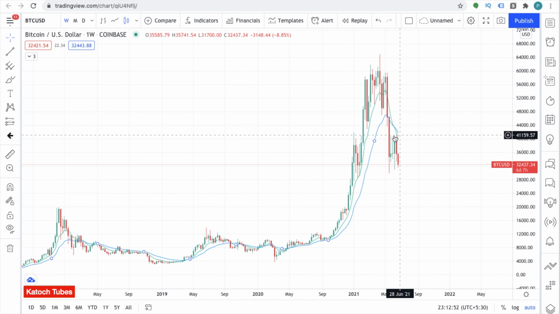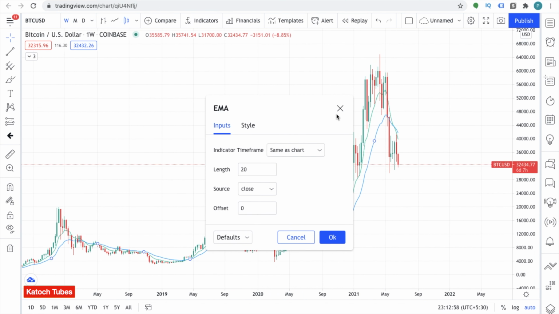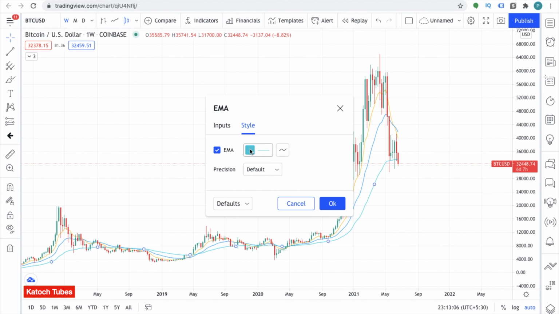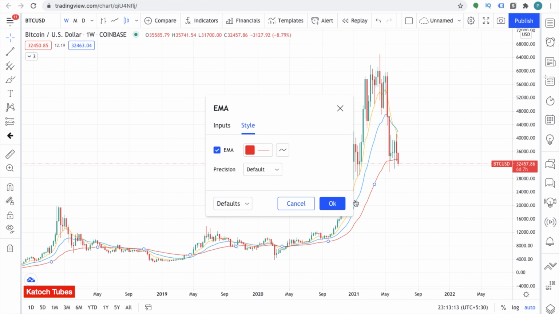So we have two. So now this one is your 20 EMA. Okay, this one is the new one. Again you turn it to 50 EMA. Close is same, style you can change. I want my 50 EMA to look like a red, so I will mark it as red. It is for your own clarity.